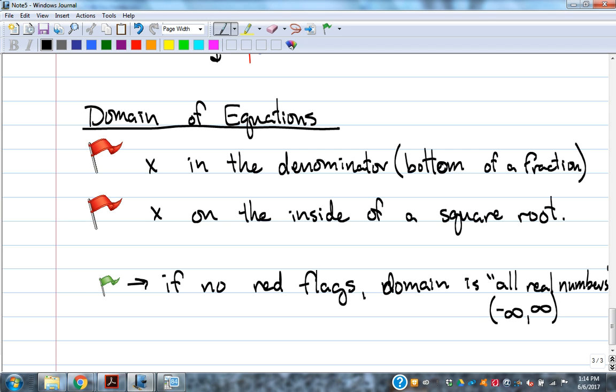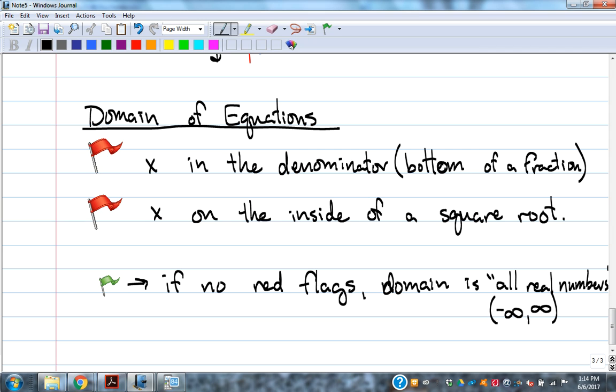So the only times that there's an issue with the domain is when those two red flags occur. X in the bottom part of a fraction. You can have X in the top part, and it's not a problem. It's X in the bottom part that's the problem. Or if there's an X inside of a square root. That's the only time the domain gets messed up a little bit. And we're going to see how to handle that.